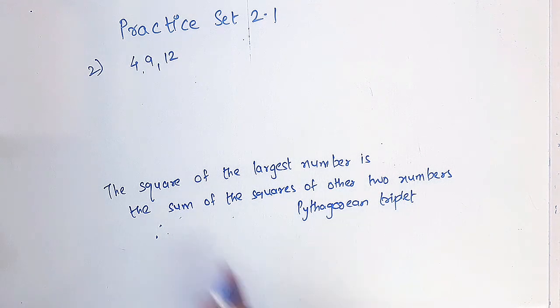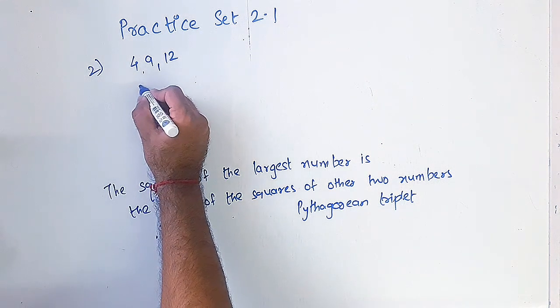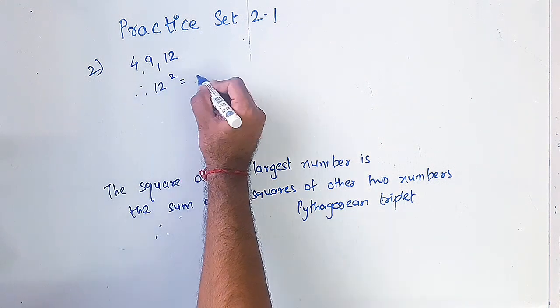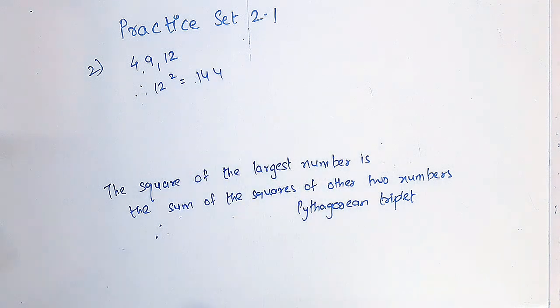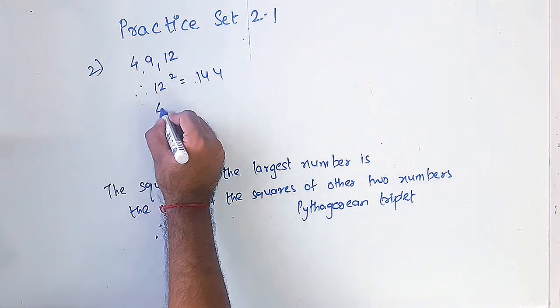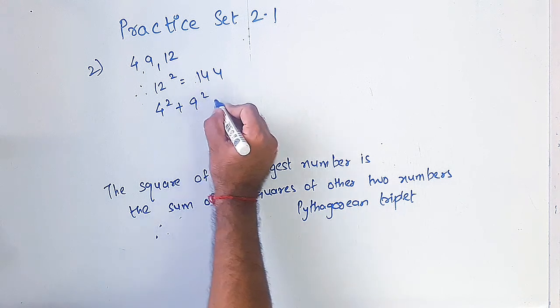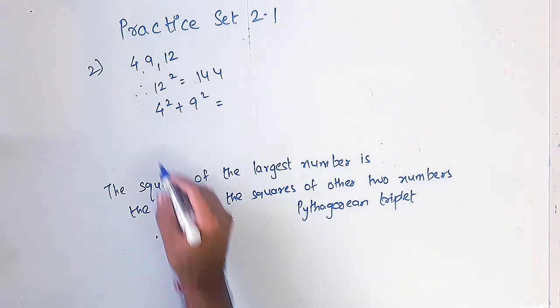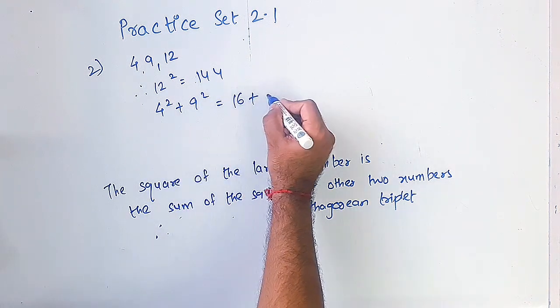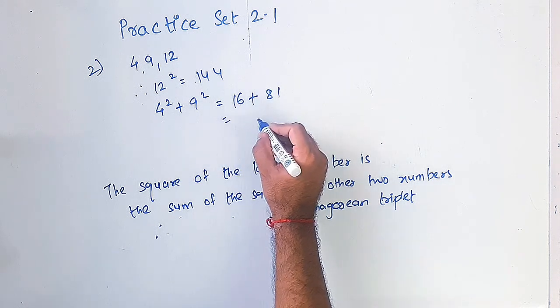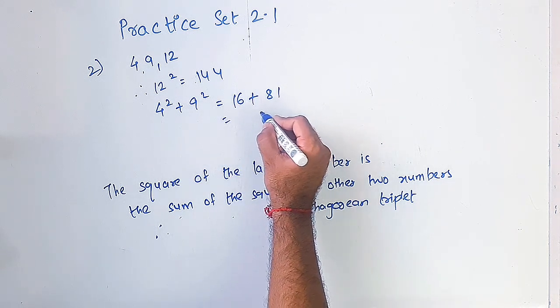Second one given is 4, 9, 12. So what will I do first? 12 square equals 144. Then I'll do the sum of the squares of the smaller ones. 4 square is 16, 9 square is 81. What is 81 plus 16? It is 97.